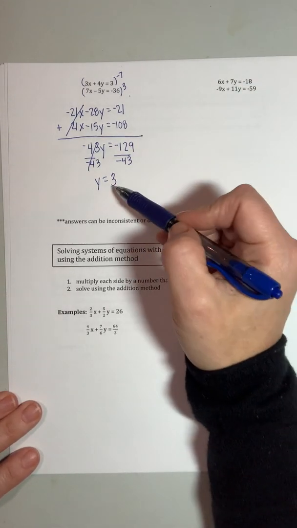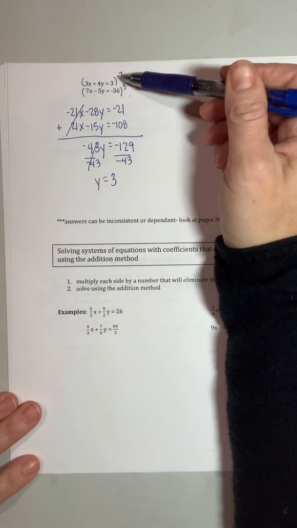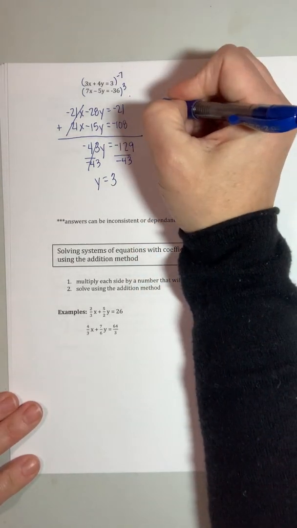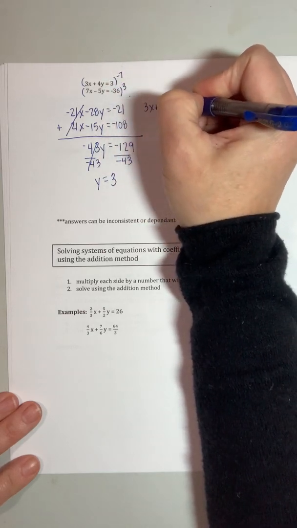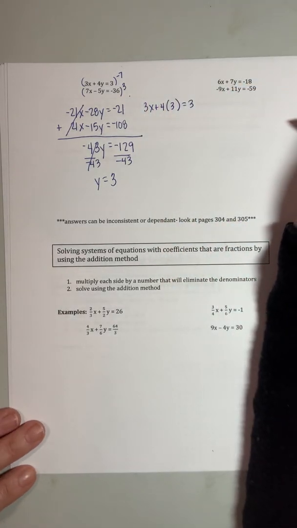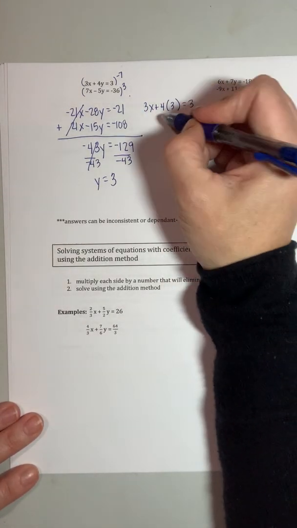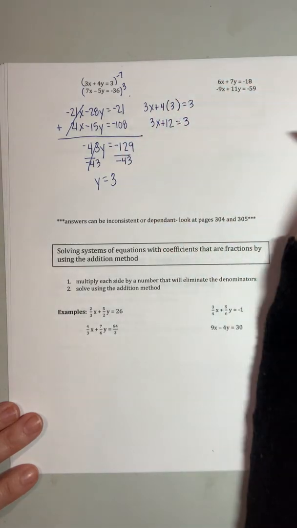Okay, now I can take the 3 and plug it in to one of my equations at the top. So, it's for the y. So I have 3x plus 4 times 3 equals 3. So I have 3x plus 12 equals 3.